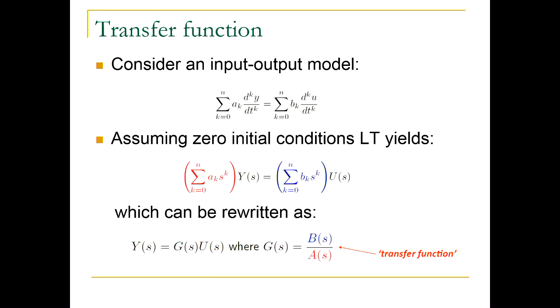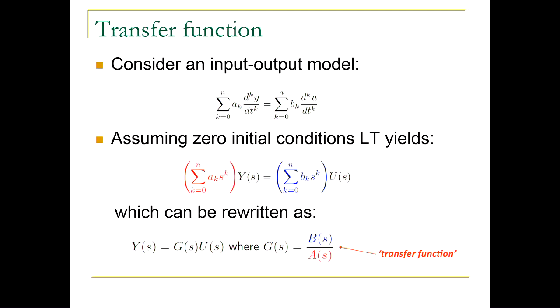It's a similar thing. So this representation here, Y of S equals G of S times U of S, is very simple. Now, the transfer function captures everything you need to know about the model of the system. So the transfer function is really, you can say, the model of the system. All right. So that's the definition.